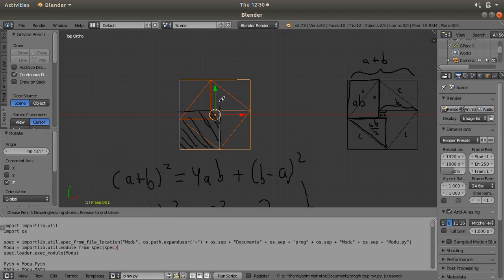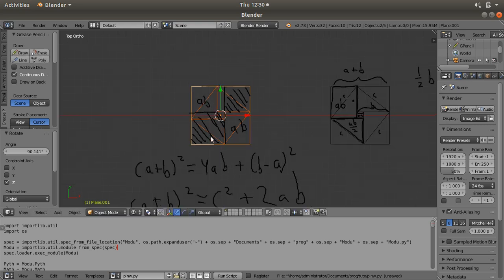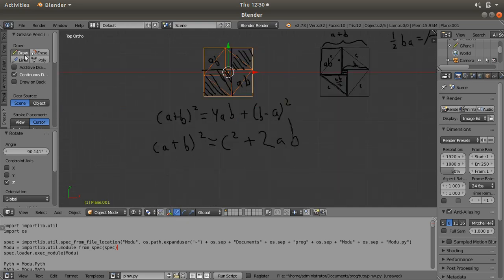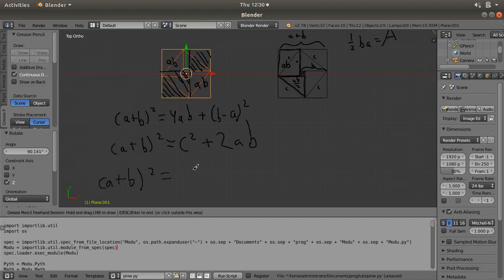Here's a squared. Here's an ab. Here's an ab. So that's kind of the normal way you would expand this if you were using FOIL. So (a plus b) squared is equal to b squared plus 2ab plus a squared.